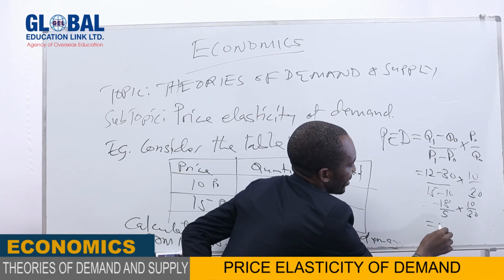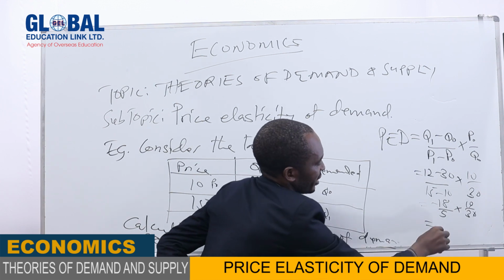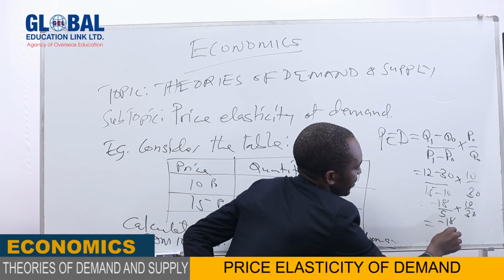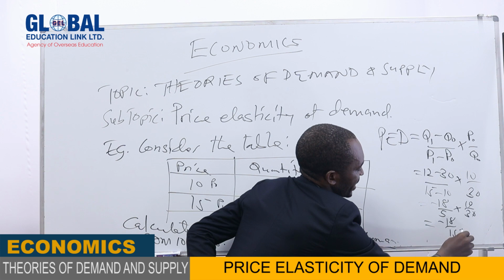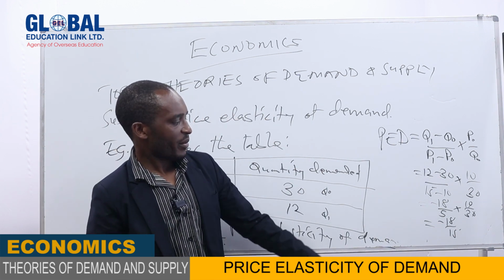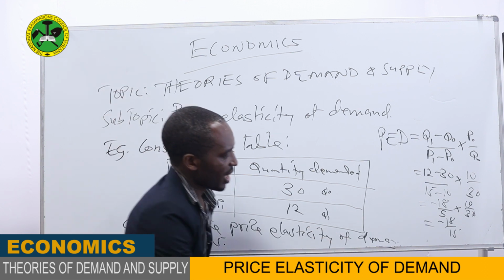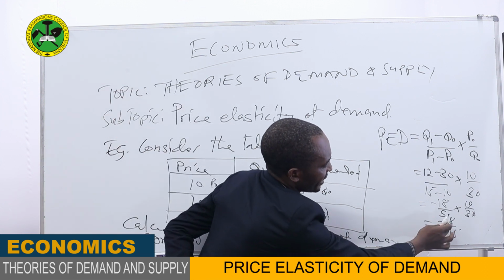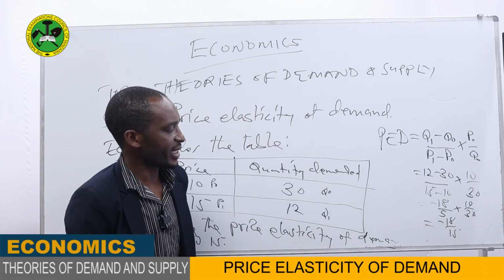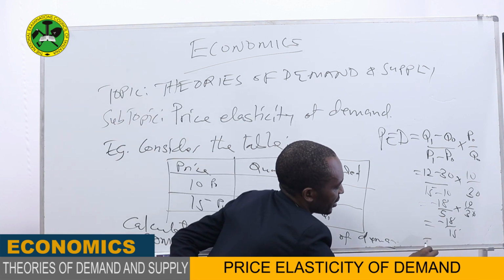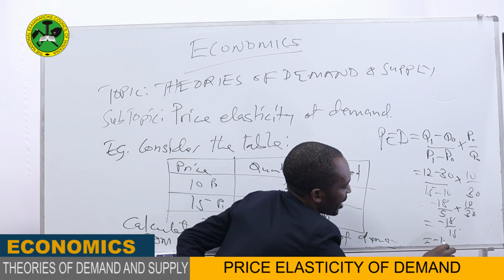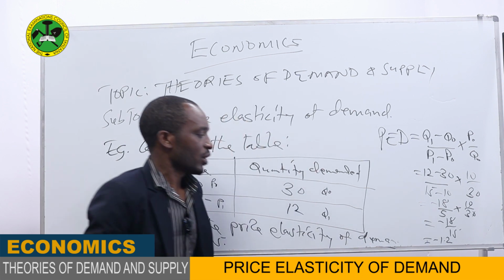The 10 and 30 cancel, then remain negative 18 over 15. So when you use the calculator, 18 divided by 15, the answer is negative 1.2.